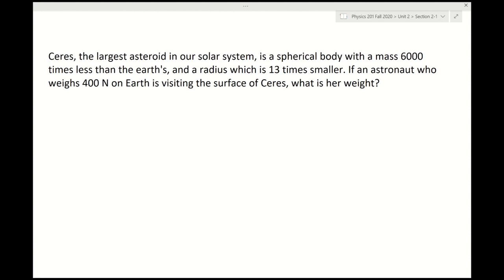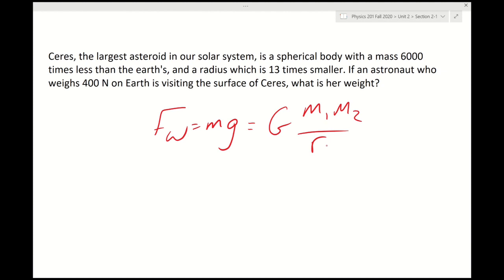So her weight on Ceres, since this equals 400 newtons, excuse me, her weight on Ceres is going to be big G times her mass times the mass of Ceres divided by the radius of Ceres squared.